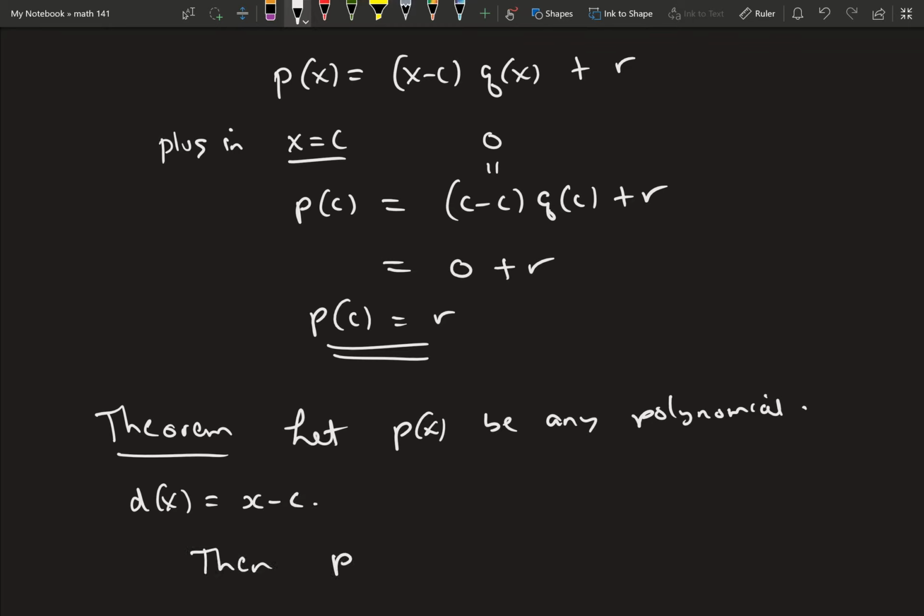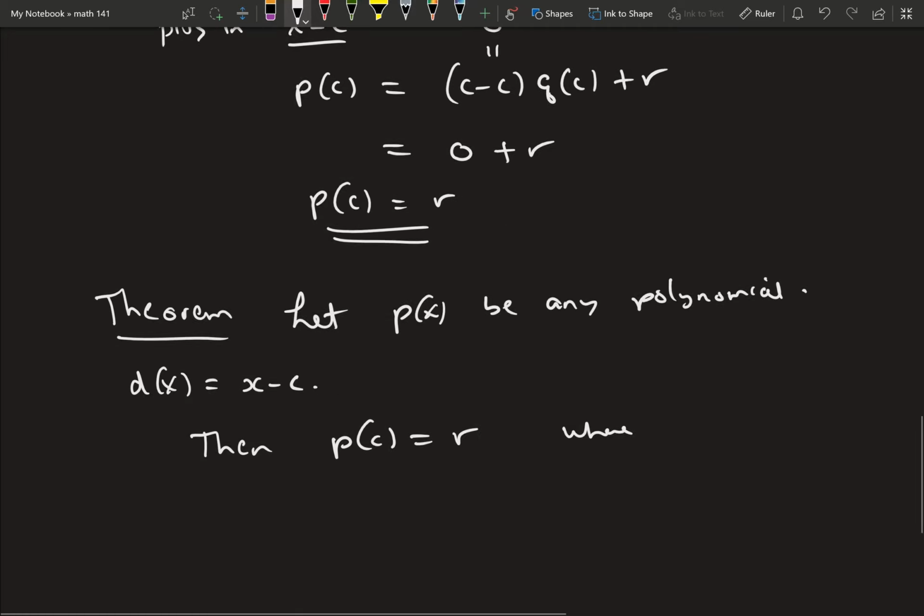Then p of c is equal to r, where in general p of x as a function is x minus c times the quotient q of x plus r. I'll call this theorem 1. It's equal to the remainder. We'll do an example of this shortly.